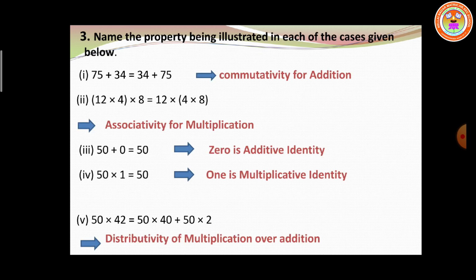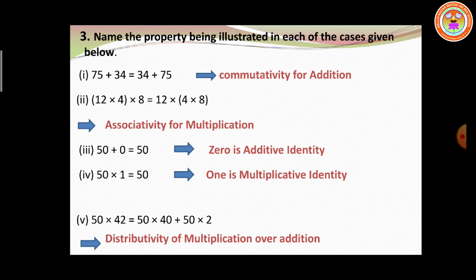Third Roman letter. Name the property being illustrated in each of the cases given below. They have given only the numbers. We must find out which type of property it belongs to.